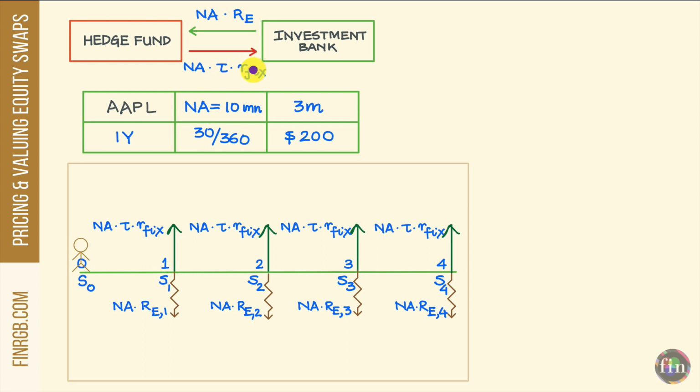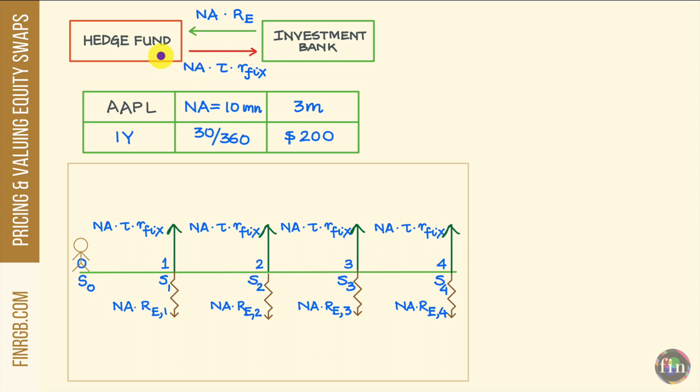Now, in that video, we had said that at the inception, the initiation of this equity swap, the investment bank carries out the pricing of this equity swap, which means that it calculates the annualized fixed rate of interest such that the value of this equity swap to both of these parties involved is equal to 0 at its inception or initiation.